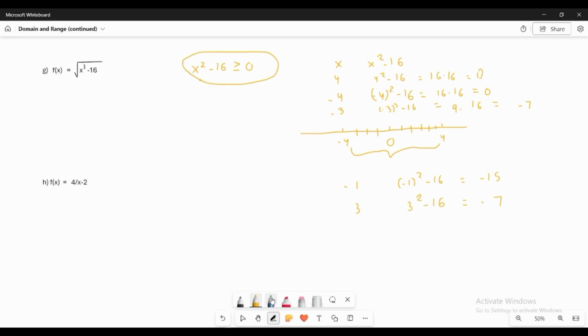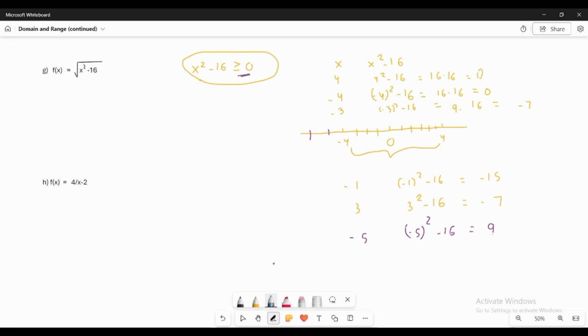Now let's check for the values that are less than negative 4. So let's say we are taking negative 5 here, right? So if we take negative 5, then we get negative 5 squared minus 16. Now you can see negative 5 squared is 25. So 25 minus 16 is 9. Right? That is greater than or equal to 0.